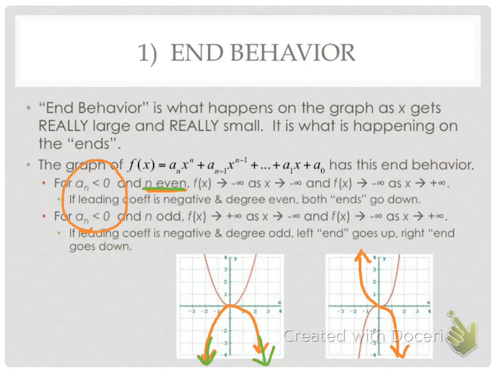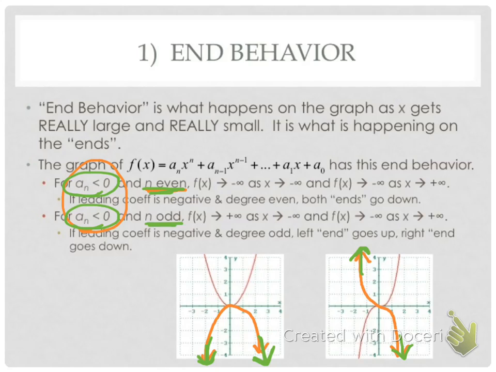So an even exponent with a negative leading coefficient means both ends are going to go down. Whereas an odd exponent with a negative leading coefficient means that the left end is going to be the one that goes up and the right end will be the one to go down, just like a reflected cubic would.